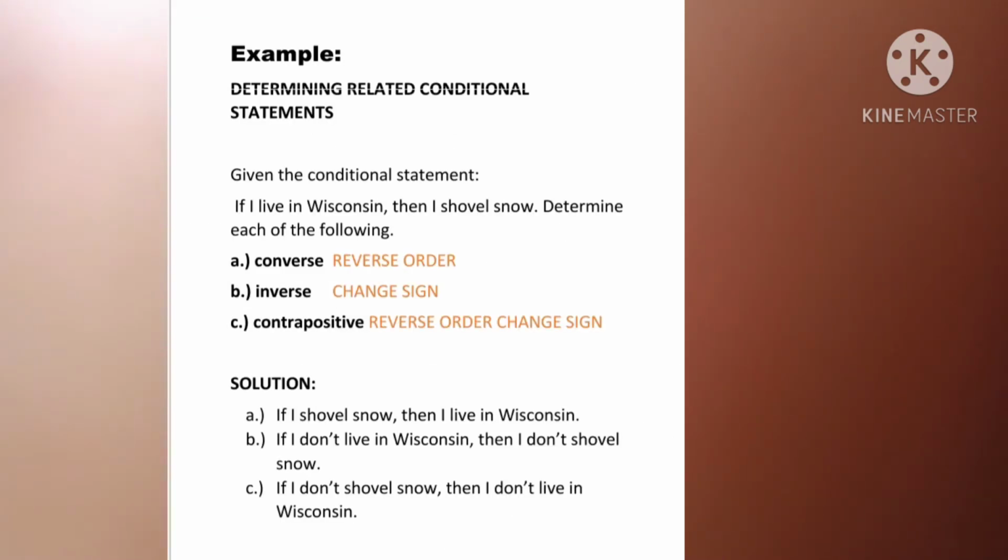Example. Given the conditional statement, if I live in Wisconsin, then I shovel snow. We will find the converse. We change the order of the implication. For the inverse, change sign: we negate each component statement. For the contrapositive, reverse order and change sign.